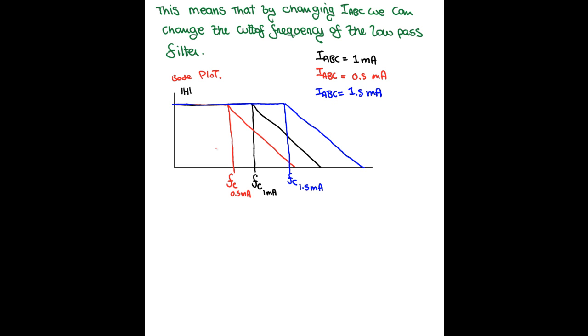So this is a first order low pass filter building block. And with that you can synthesize higher order filters. We're going to talk about a second order low pass filter block.